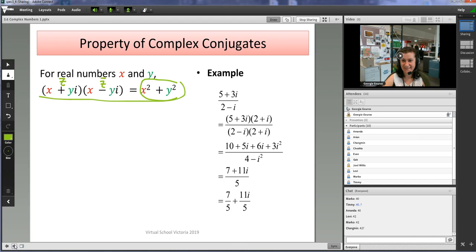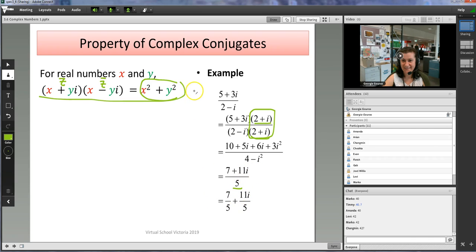So let's just see some examples here, how it's used for division. So say we've got 5 plus 3i divided by 2 minus i. So we use the conjugate to do the division. You can see here the conjugate is applied to both the numerator and the denominator. In effect, it's multiplying it by 1, which we know still makes it the same fraction. But now we can actually make the denominator a real number. By just multiplying these brackets out, we can simplify and see that the denominator now becomes 5.